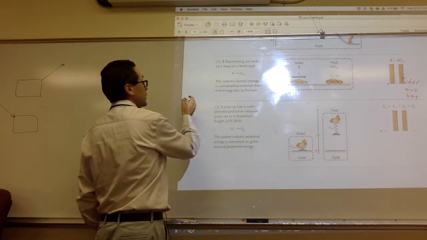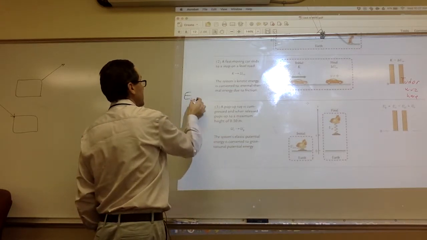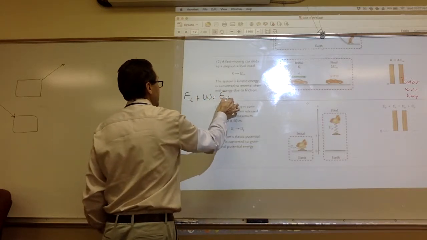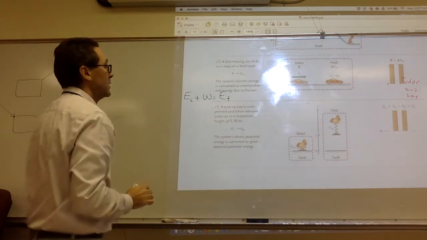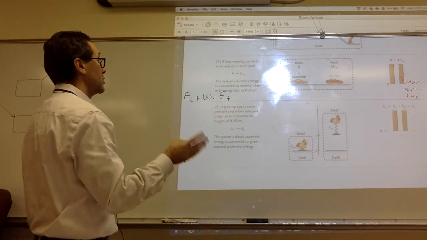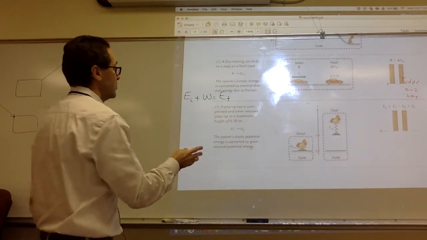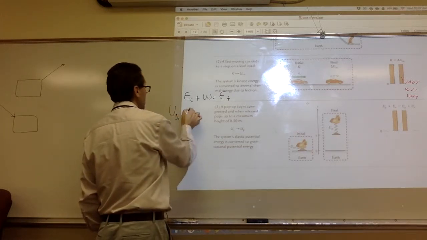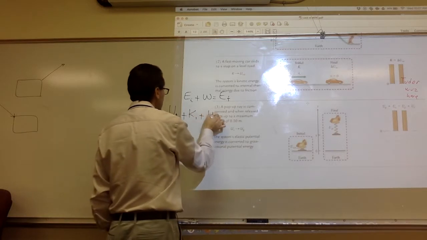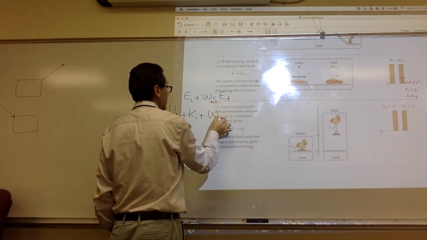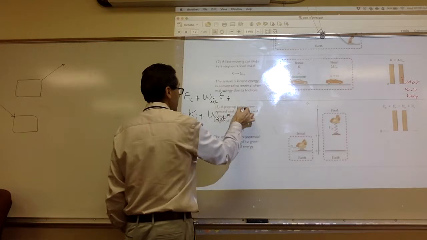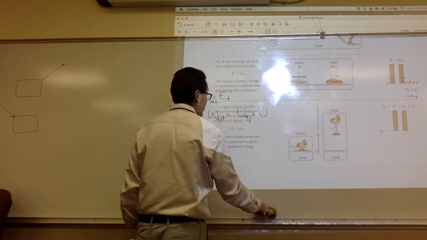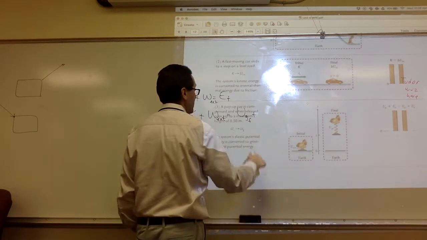Here I'm going to say, well, the initial energy plus any work done equals the final energy. So if the Earth is included, then I will be dealing possibly with the gravitational potential energy, with the initial kinetic energy, maybe some work done by some external agents, and I'm going to see what's happening to my mechanical energy later.